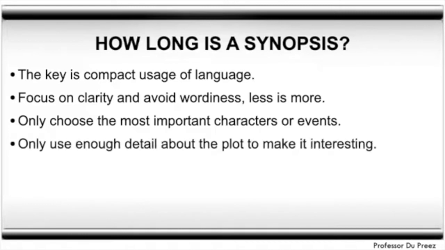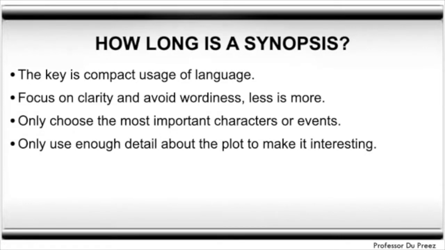You should only focus on the most important characters or events in the animation to avoid any distraction from the main plot or story. We don't need the backstory on the waitress at the bar where the two main characters talk. A brief synopsis means you have to let go of these unnecessary elements.